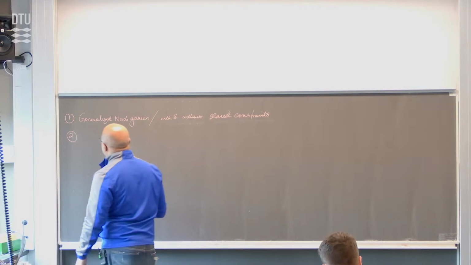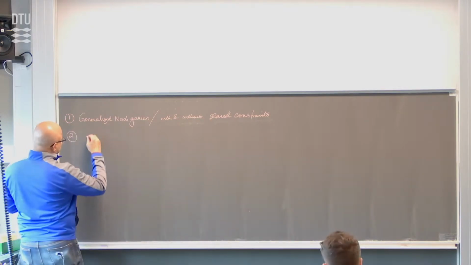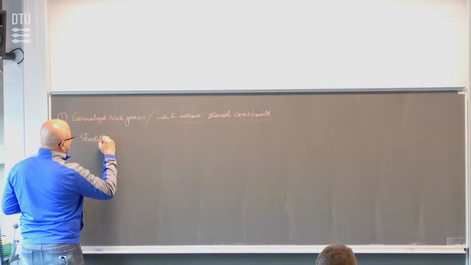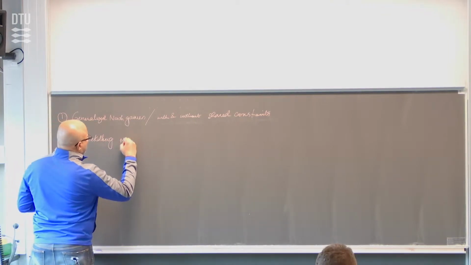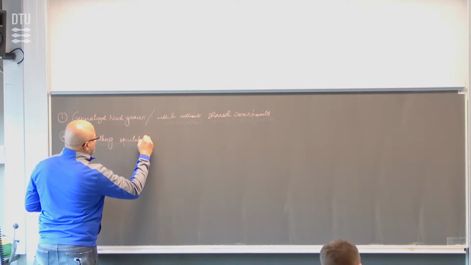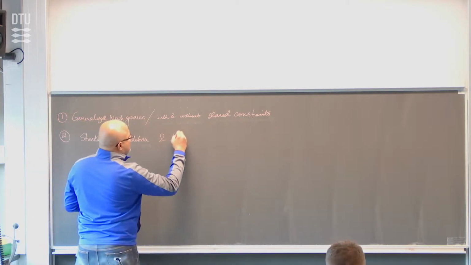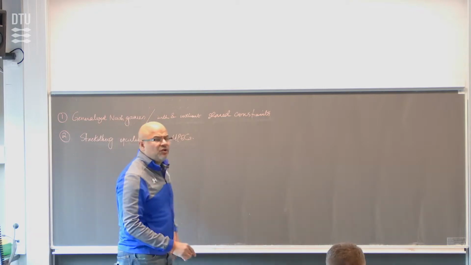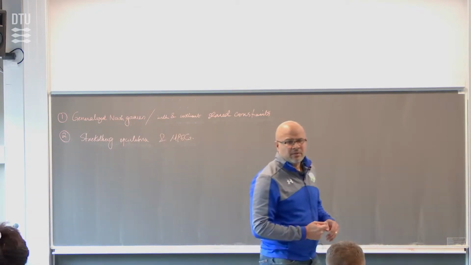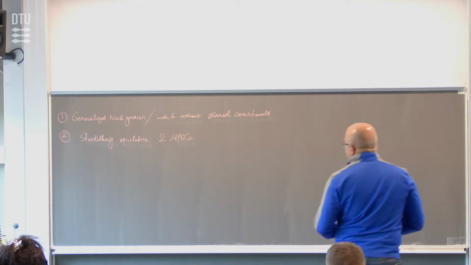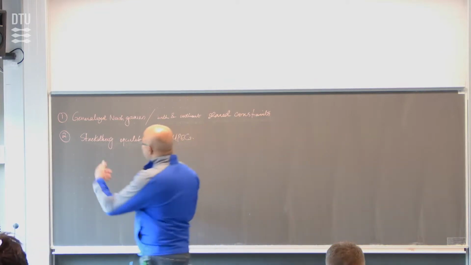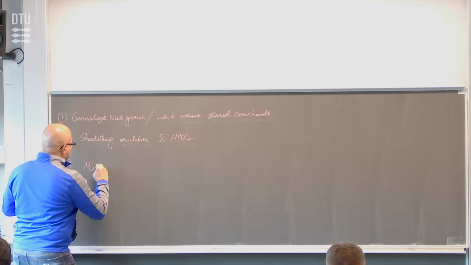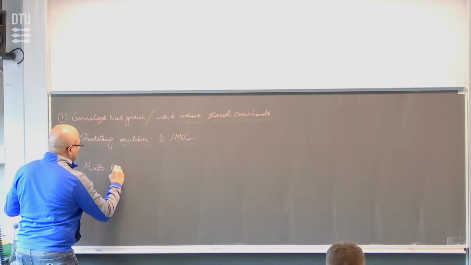The second is Stackelberg equilibria and MPEC, which is a generalization of a non-convex nonlinear program. Okay? And the third will in some sense combine the 2 of these, and we look at a class of games called multi-leader, multi-follower.